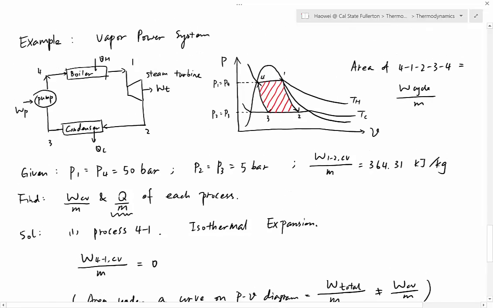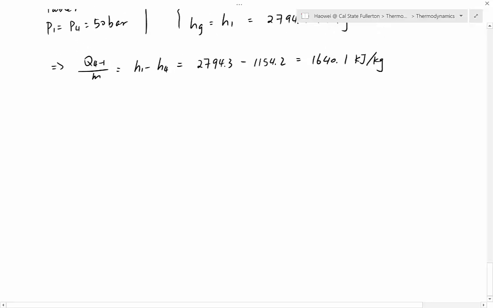After 421, let's go to 122, the steam turbine. Process 122 has a name. In case you forgot, the name is adiabatic expansion. And adiabatic means there's no heat transfer.